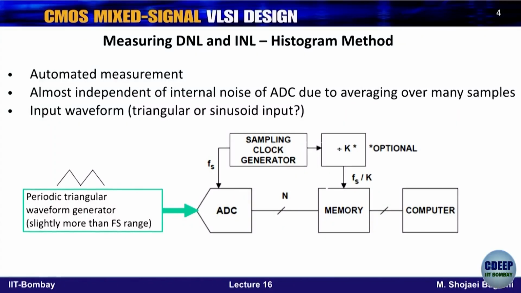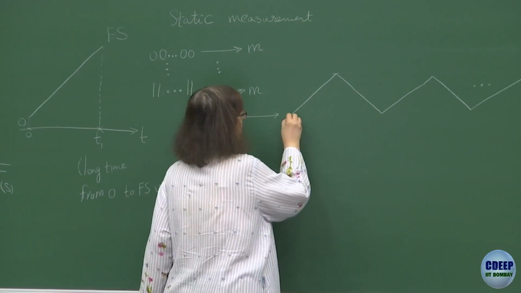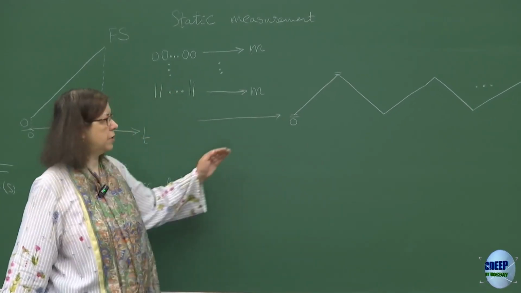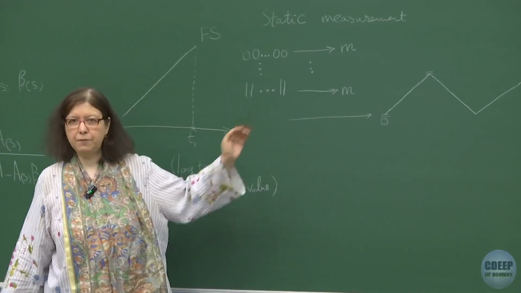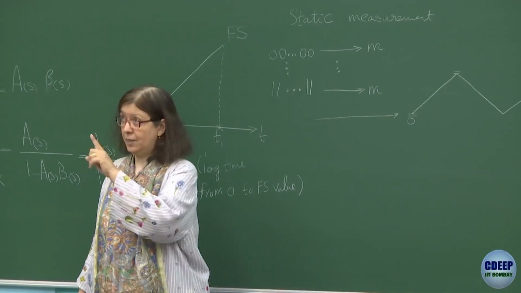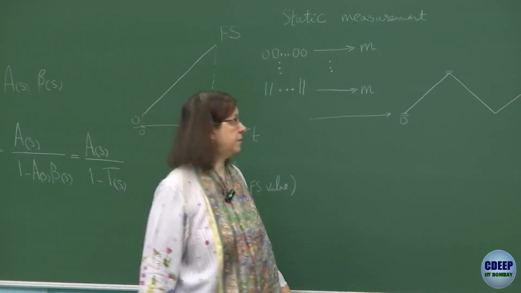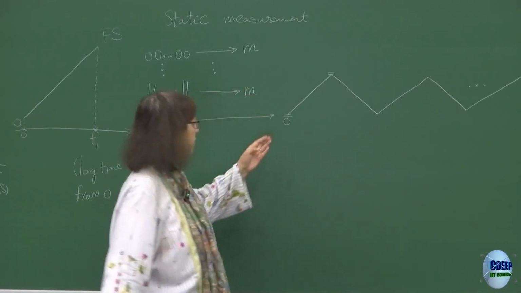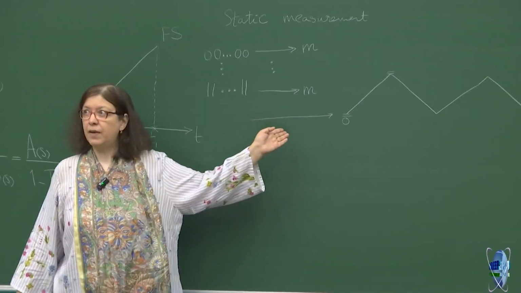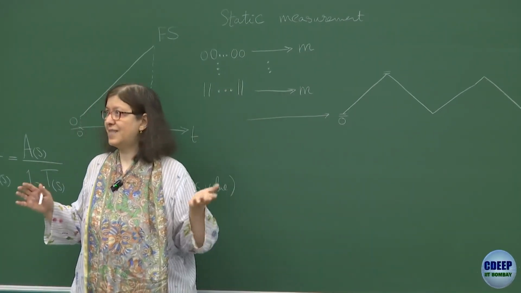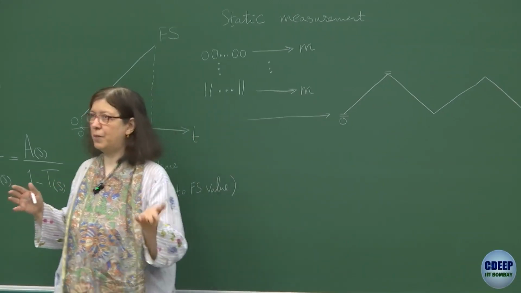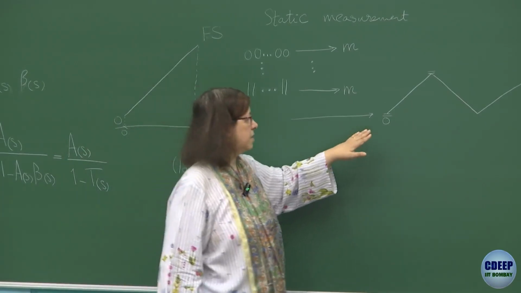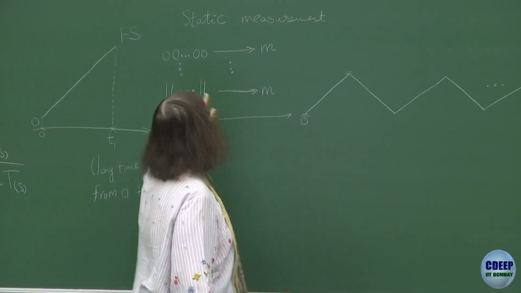Therefore, they keep some values below 0 and some values above V full scale, to make sure that everything is covered well. Another reason is that specifically if the switching points are LSB upon 2, for example, starting from the input, we need to have values below 0 also, otherwise the number of samples for the first code will be half.